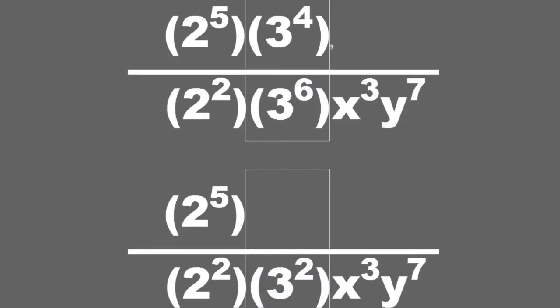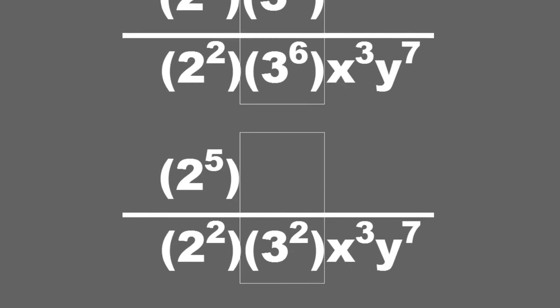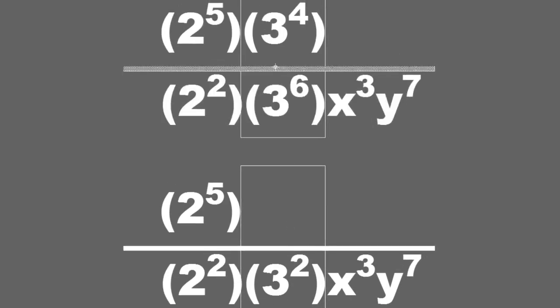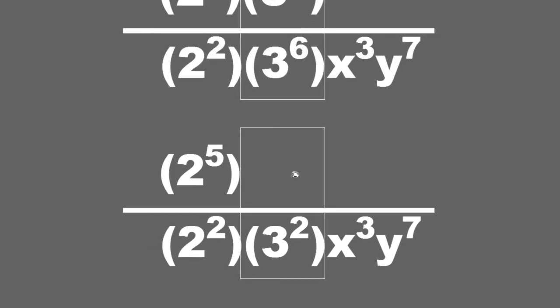How many? It's gonna lose 4. The 4 that belong to the one that lost the battle. So if it had 6, lost 4, 6 minus 4 equals 2. So I have a 3 with an exponent 2 in the denominator, or 3 squared. I started with 3 to the 4th power divided by 3 to the 6th power. I end up with just 3 squared in the denominator.